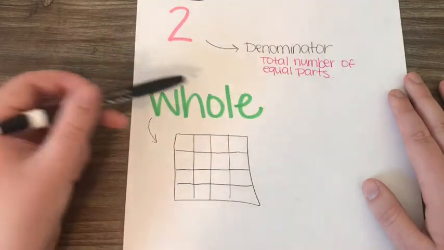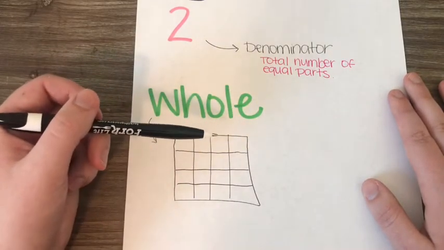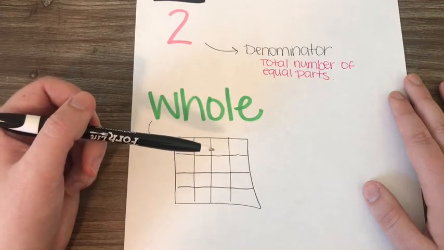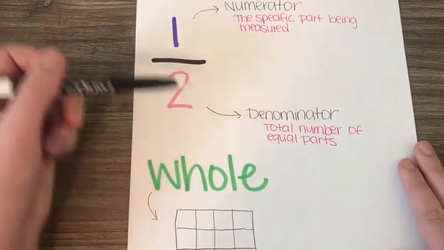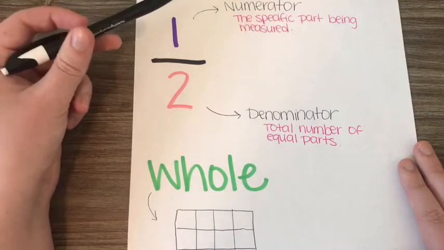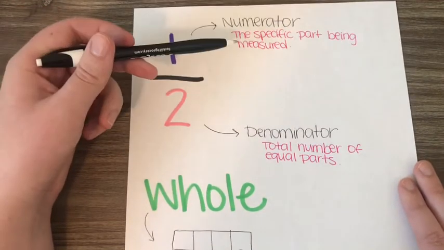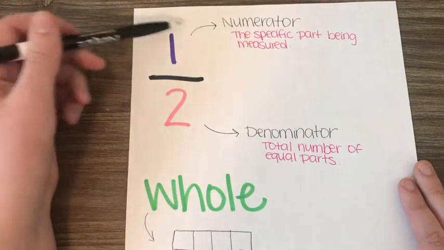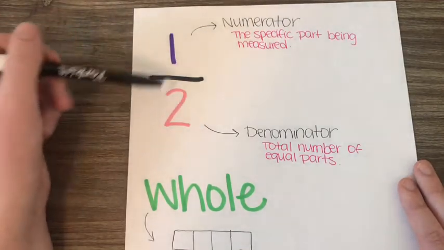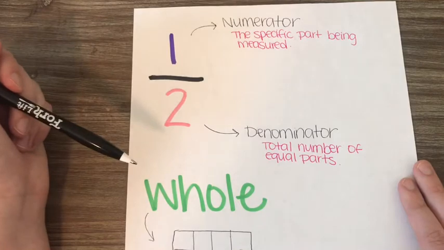So that's important to remember when we look at these problems. Remember, a fraction is part of a whole. A numerator is the specific part being measured, and the denominator is the total number of equal parts.